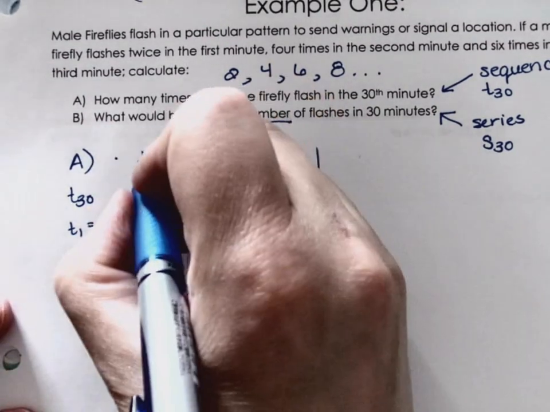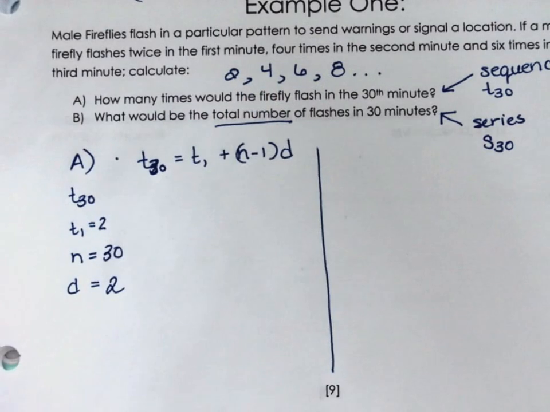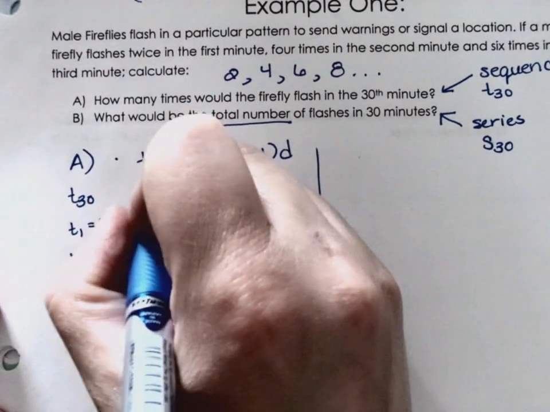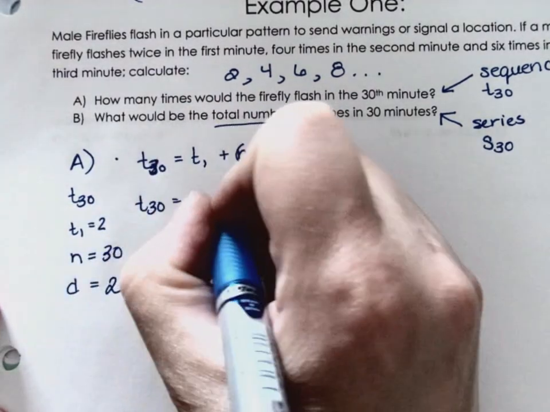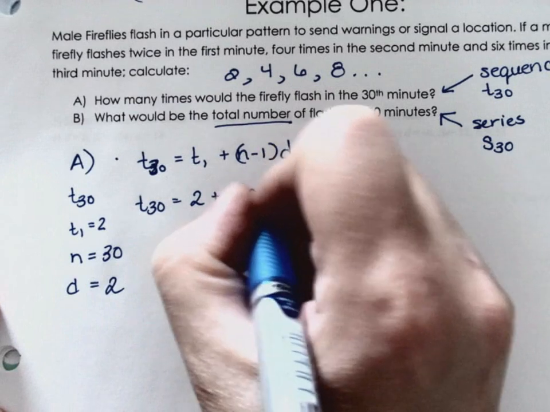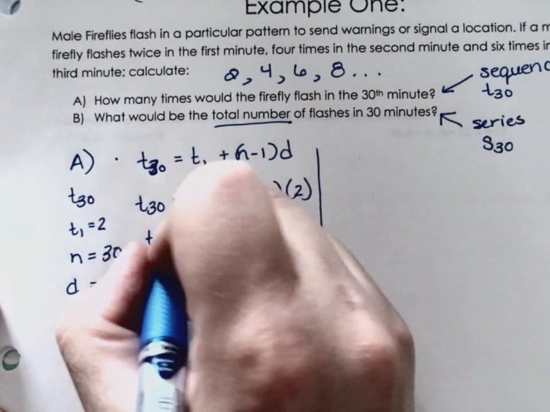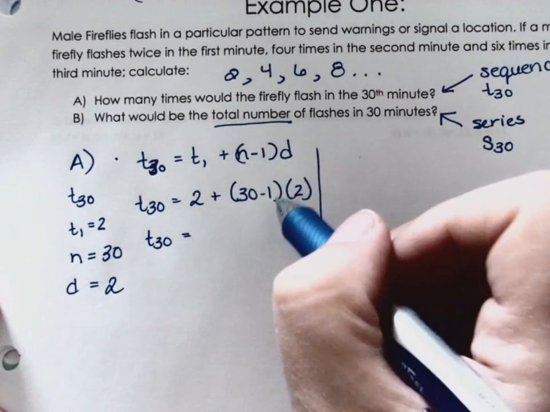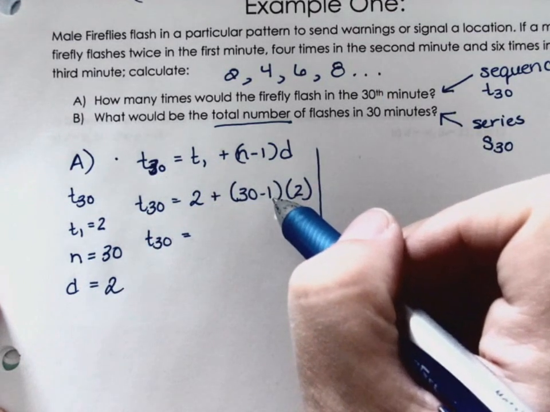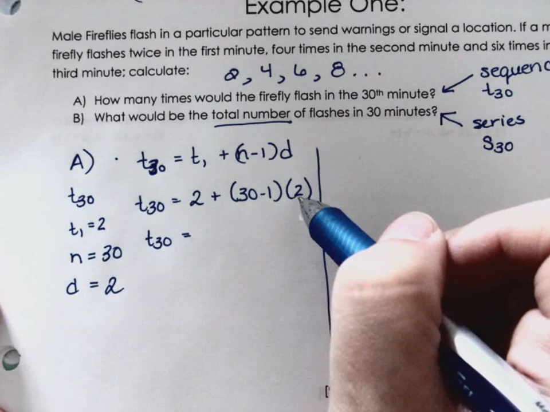Oh, sorry, T30. So we're just going to fill in what we know and solve for T30. So that's going to be 29. 29 times 2, 58.